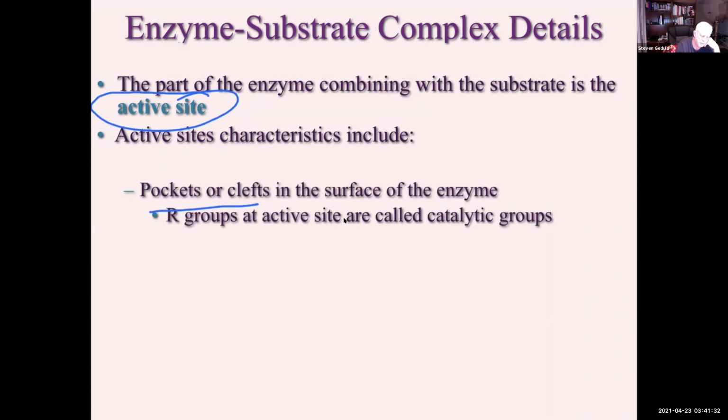R groups at the active site are called catalytic groups. Those are the ones that help through polar bonds, through hydrogen bonding, through disulfide bonds and salt bridges, like we did with the protein structures. The R groups do the same thing to help hold the active site to the substrate, and these are called catalytic groups.